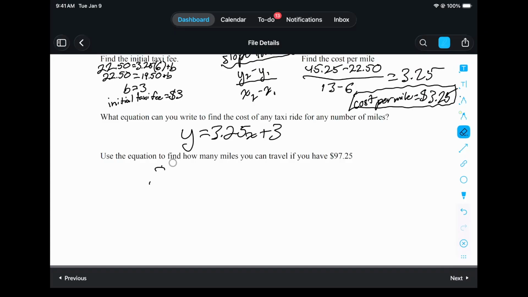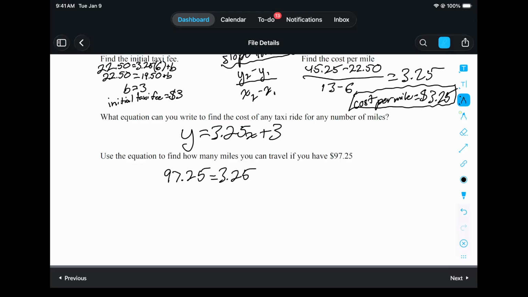we can set up our equation. In the context of the problem, the 97.25 is going to be the total, or at least y. 97.25 is going to be our y.